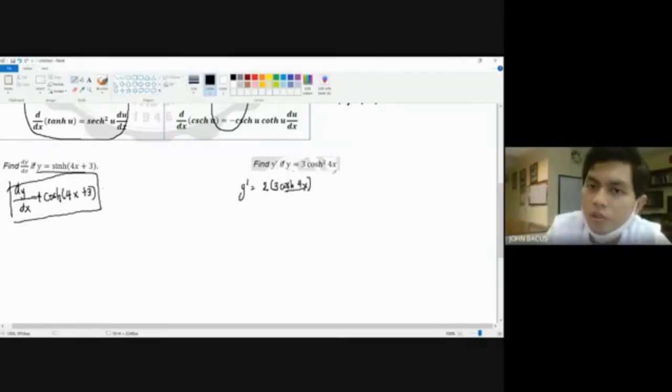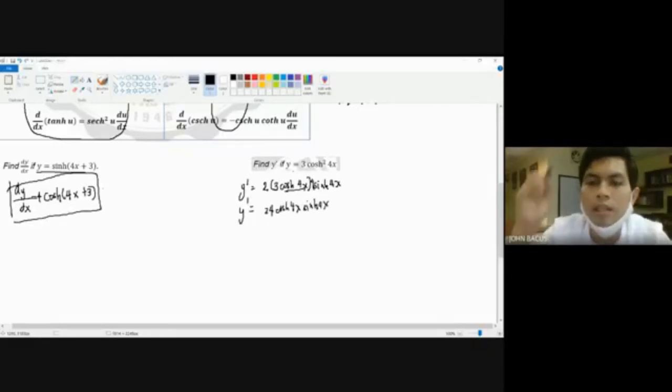What's the derivative of cos h 4x? It is sine h 4x. Then the derivative of 4x, which is 4. Therefore, this is 24 cos h 4x sine h 4x.